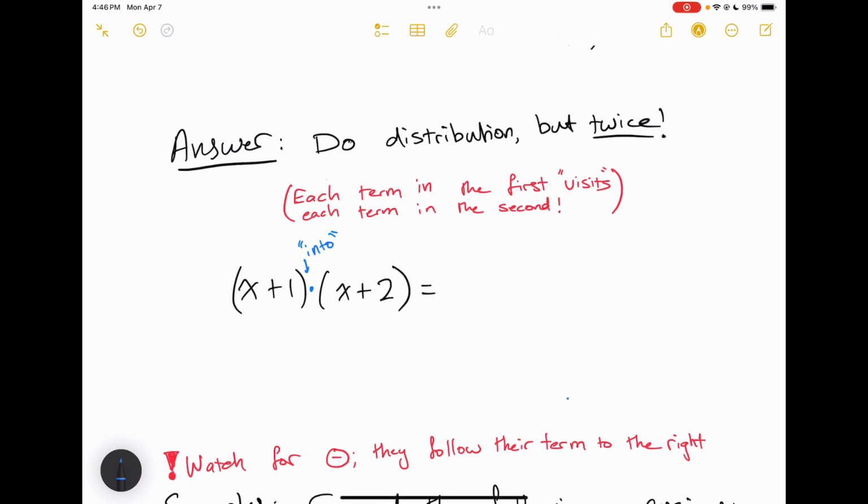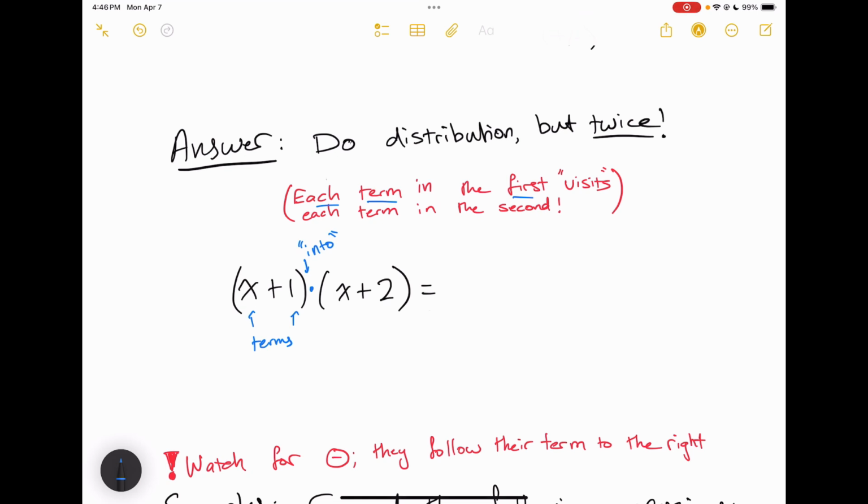Let's read that note very carefully. Each term in the first. So in this one right here, the two terms I have are X and 1. Each of these are terms. It's now going to visit each term in the second. And if you saw before, this process was called double distribution. So all it is doing is our distribution that we know twice.